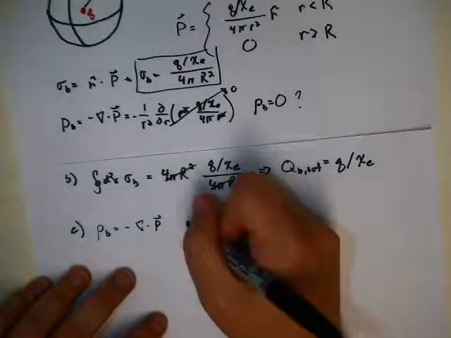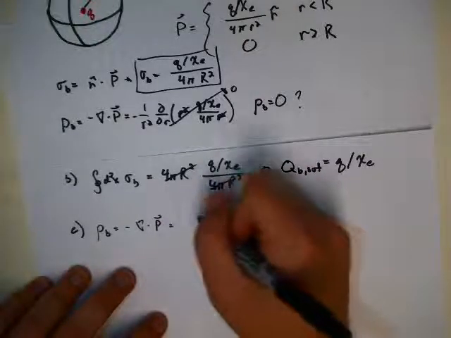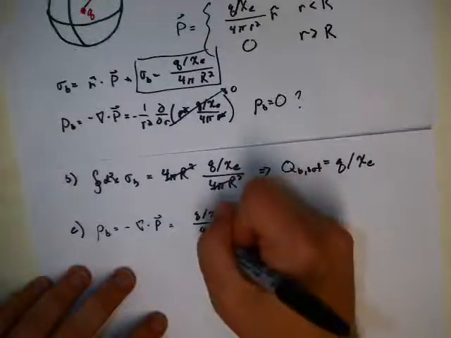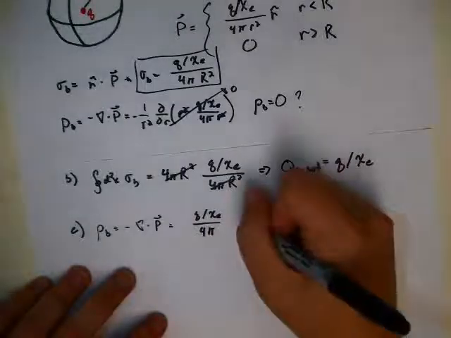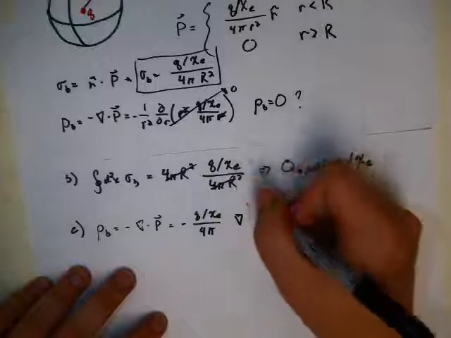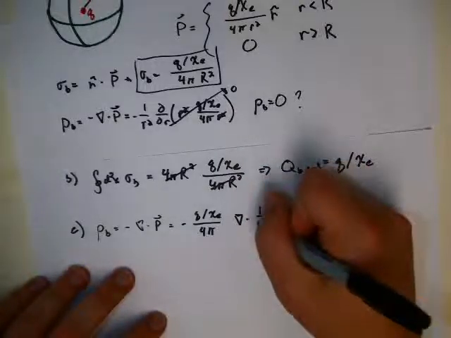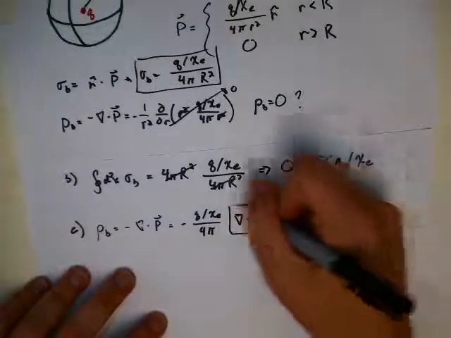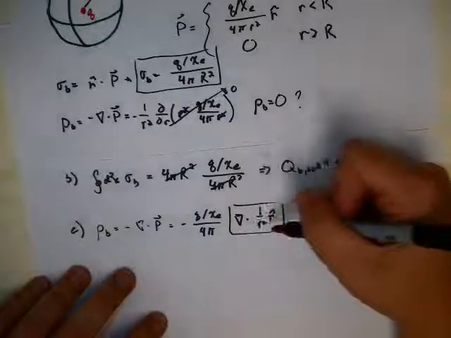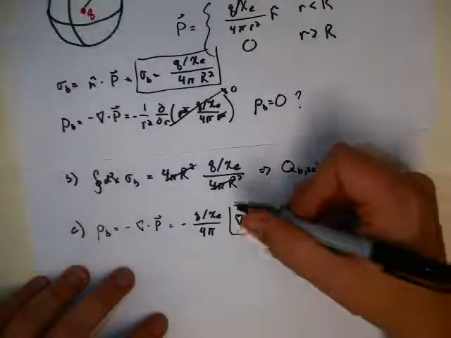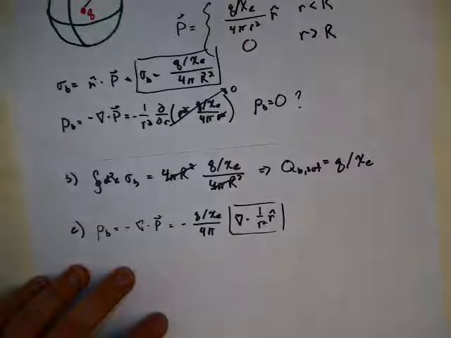and I'm going to pull out what this polarization is here in the center. This is Q chi e over 1 plus chi e over 4 pi, and then I'm going to get minus a del dot of 1 over r squared r hat. Now before, I just blindly applied the divergence operator onto this expression, but I've seen this before. This is the divergence of a point charge, and the divergence of a point charge is not 0.